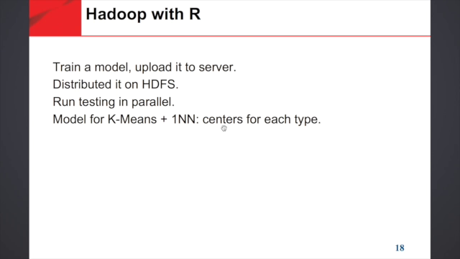Here is what I did. First, I train a model on local machine. Then I save the model as an R data file. Basically, we can upload it to the server and load it when we run the distribution.